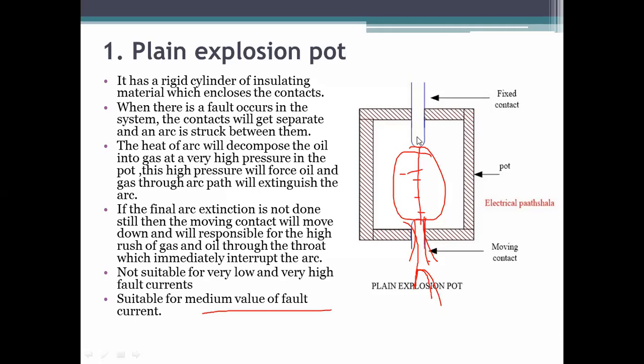What are the types of circuit breaker? Poonam, Shraddha, who is present in the class? Shubham, Shantanu, who is present?